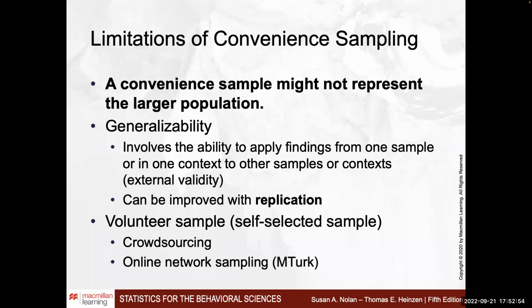It can be improved with replication. That means that if you see a certain dynamic in your sample, and you see it again in a different sample that also differs from the population, but differs in a different direction, and then it's also replicated by another group in Singapore, and then a group in Germany, and a group in Australia, and several authors have seen the same dynamic and the same finding, you know that your findings are generalizable to the population.